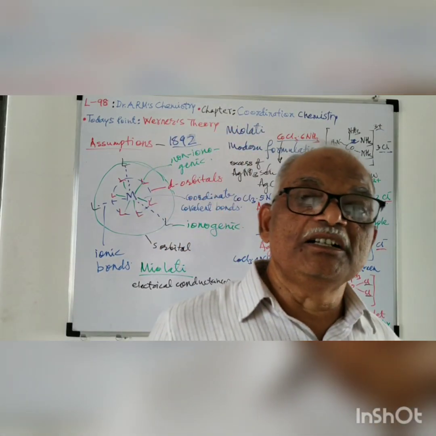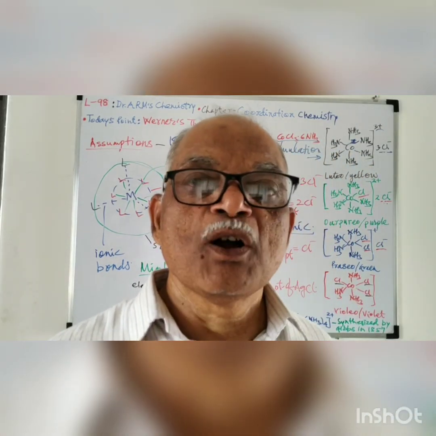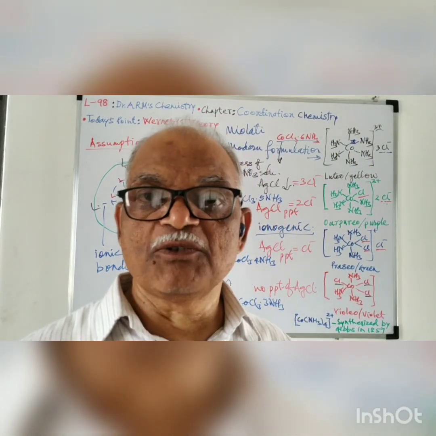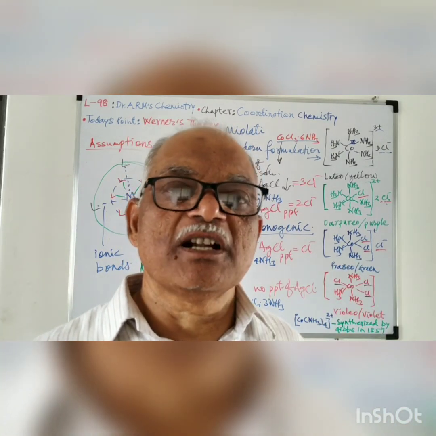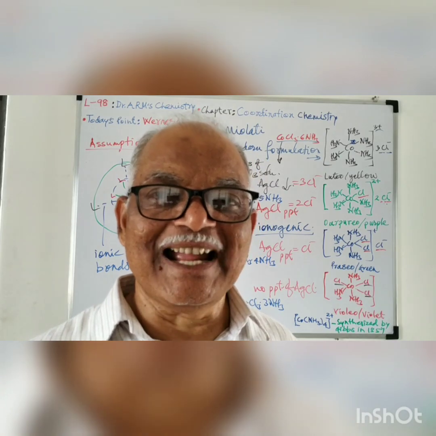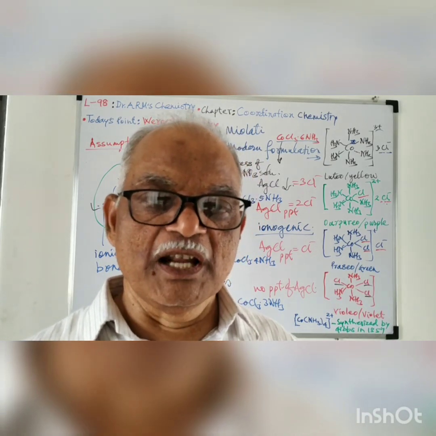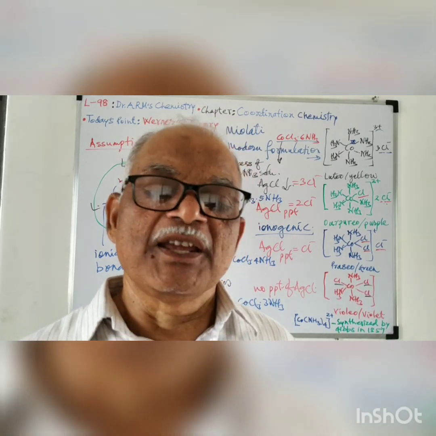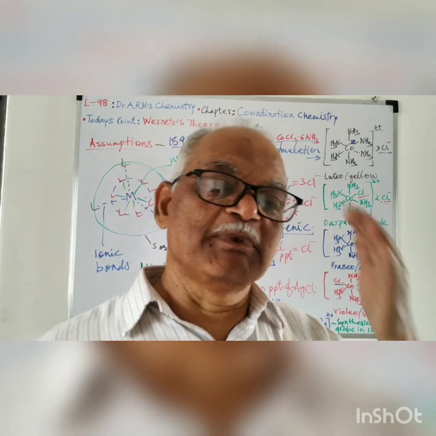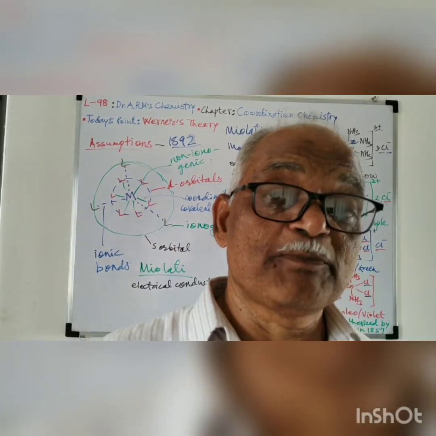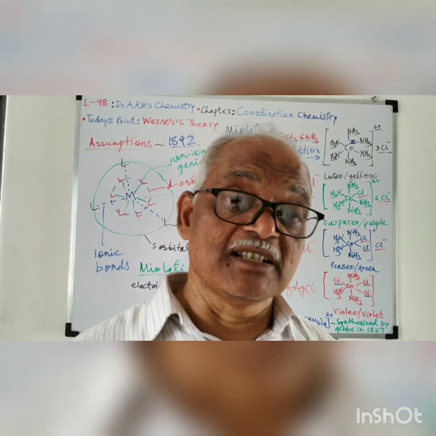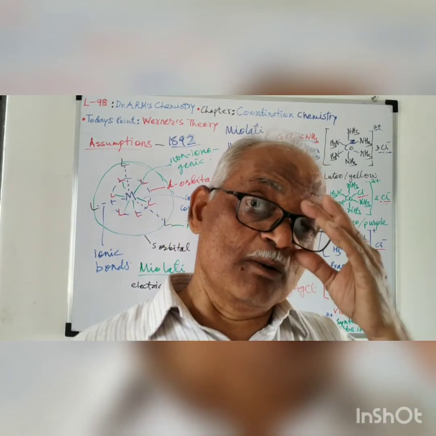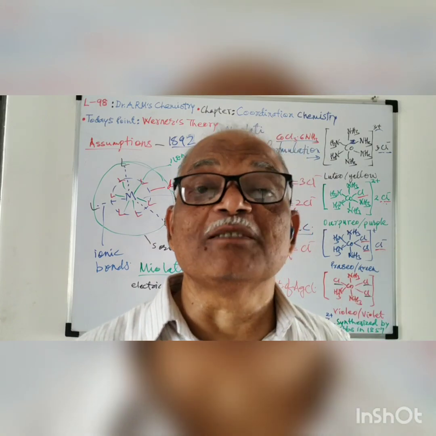Then Jorgensen, who kept challenging Werner's concept, later appreciated that his own theory was not capable of providing experimental or theoretical evidence in support of his formulation of the complex, that is the chain model.